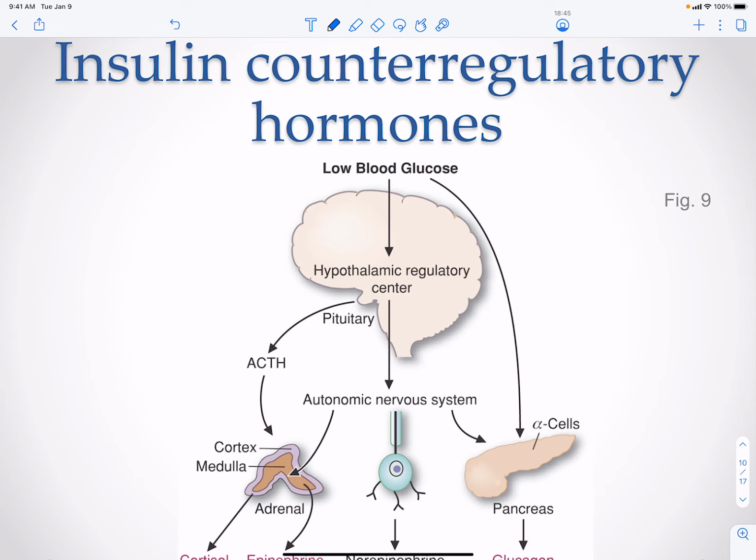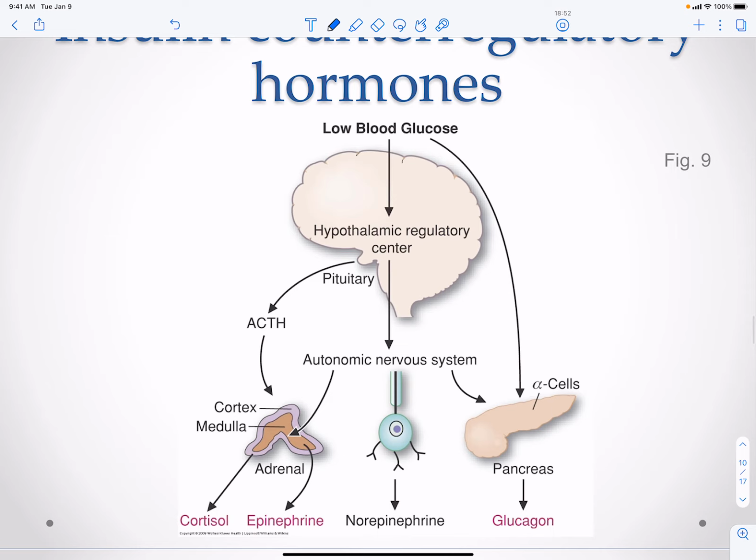All right, so insulin has some counter-regulatory hormones. So we're going to have our cortisol, and your cortisol provides for changing over long term.